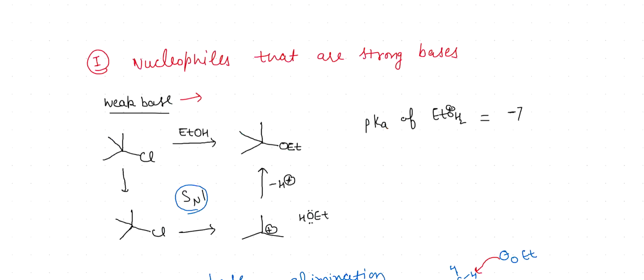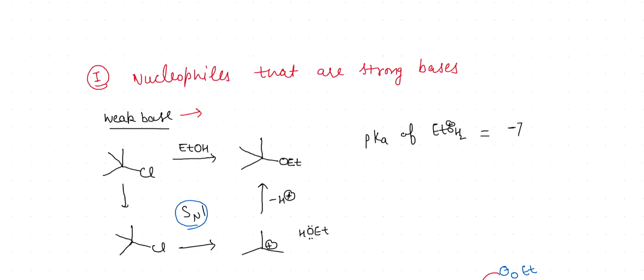Let's see. First is the case of strong bases. I have taken the example of a weak base as well as a strong base. First, considering the example of a weak base, this is tertiary butyl bromide. This is tertiary alkyl halide. You can easily say tertiary alkyl halide. So here the nucleophile used is ethanol.